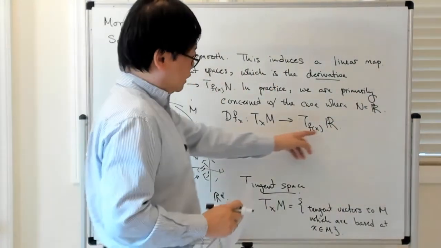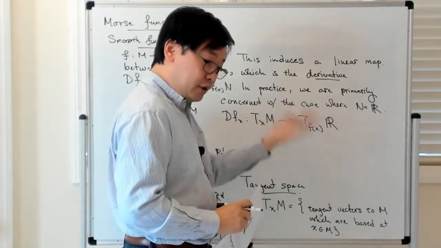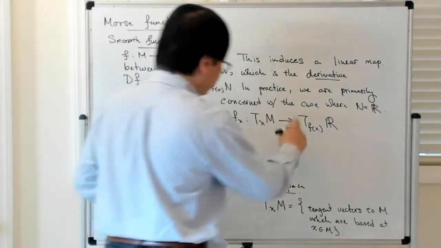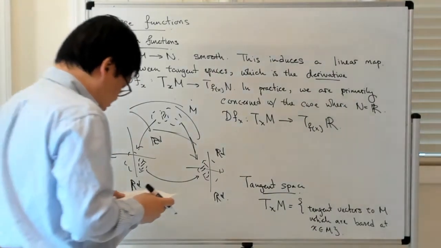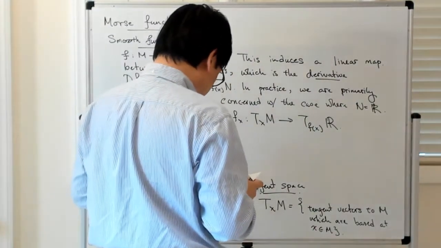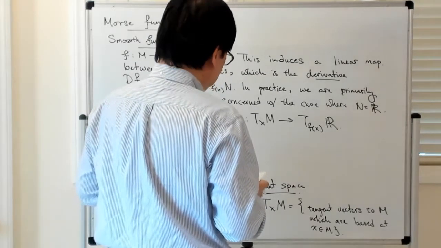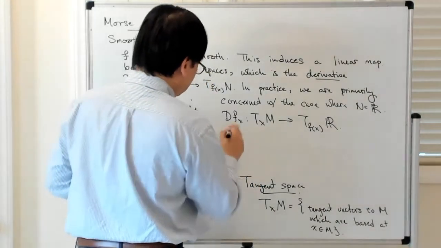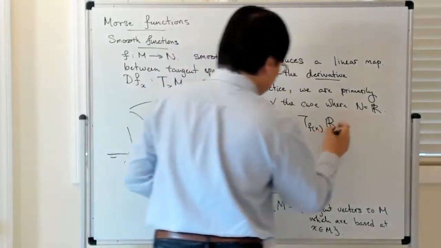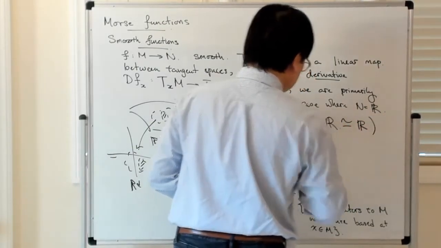The tangent space to a vector space at a particular point can be identified with the vector space itself, so this looks like a copy of the reals. So this thing here is isomorphic to R.